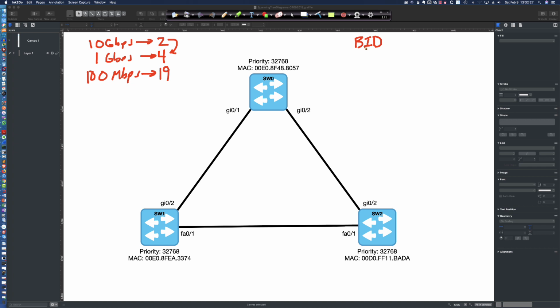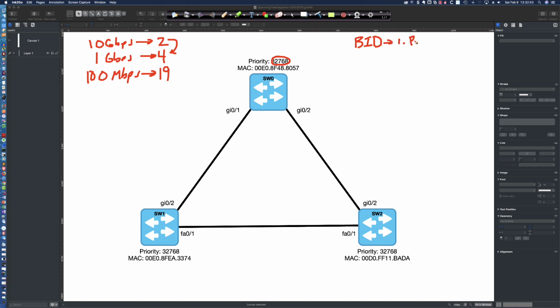And the bridge ID is a value that actually is made up of 3 different components. When we talk about the 3 components that make up the bridge ID, we're talking about the bridge priority value, which you see here. By default, that value is 32768. You then have the extended system ID, and so we'll say the bridge ID is made up of 3 components.